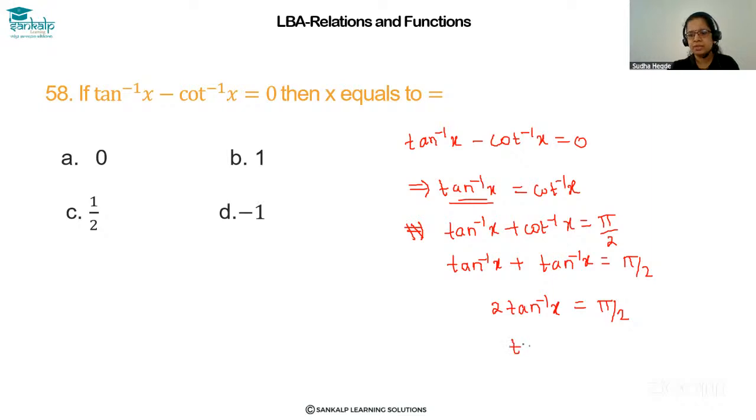That implies tan inverse x is equal to pi by 4. Are you getting? So tan inverse x is equal to pi by 4.